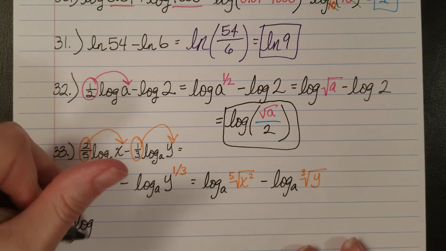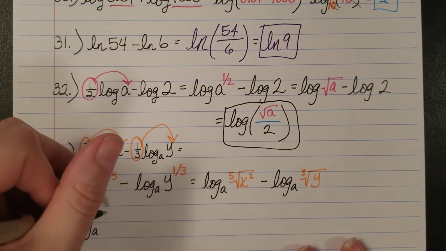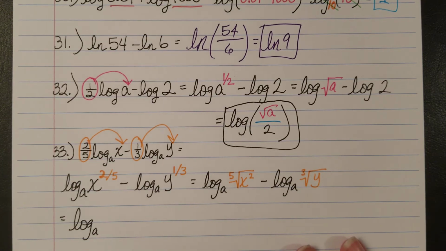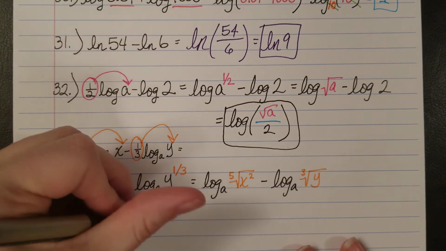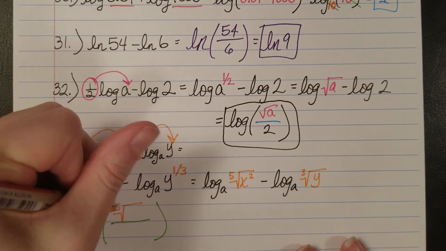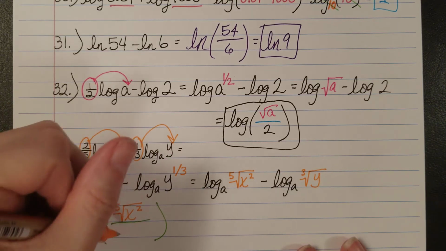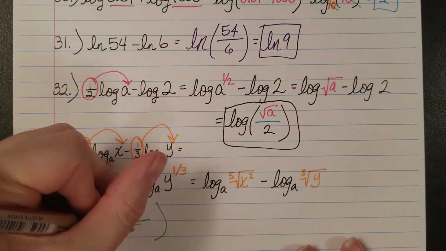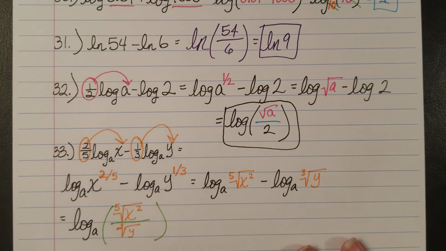So it's log base a of, so subtraction makes a fraction, and it's going to be the 5th root of x squared over the cube root of y. And that's my final answer.